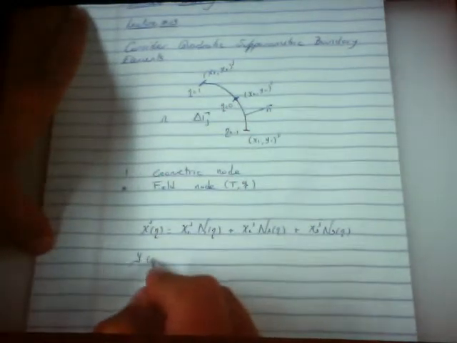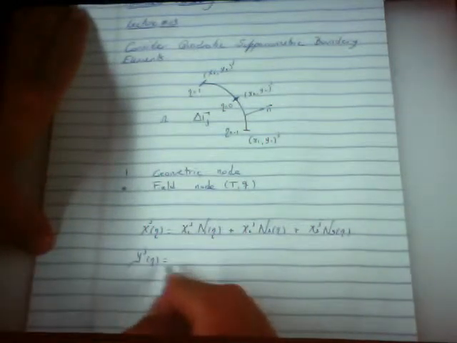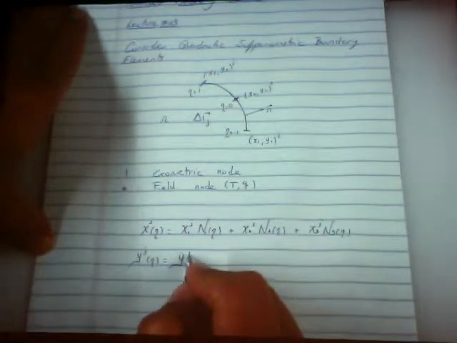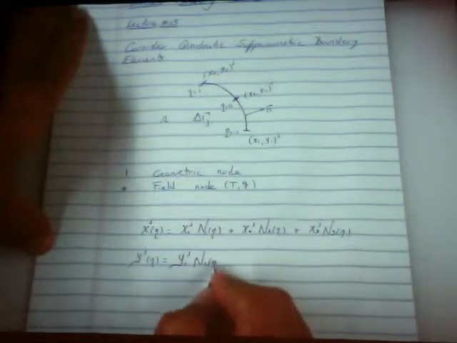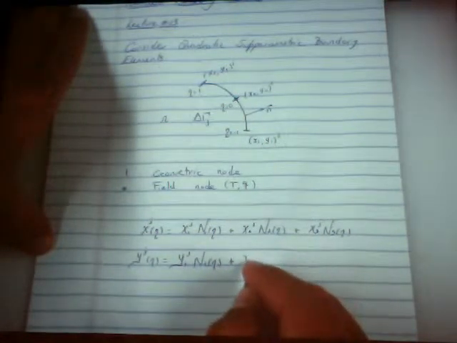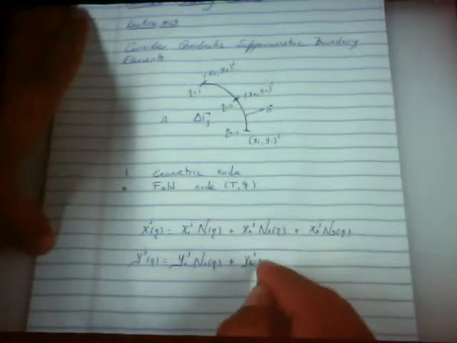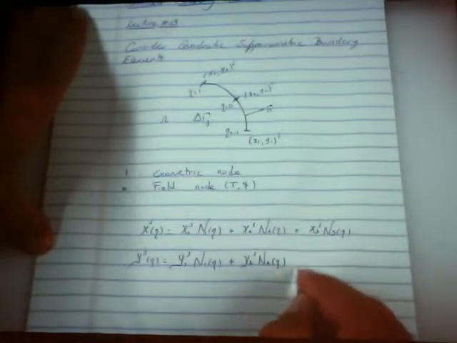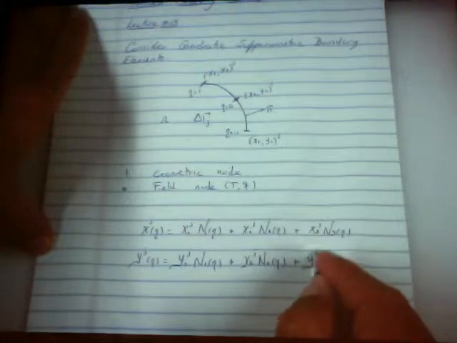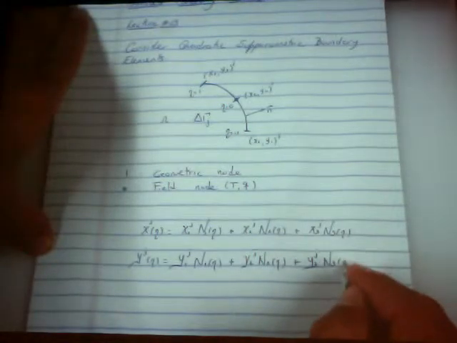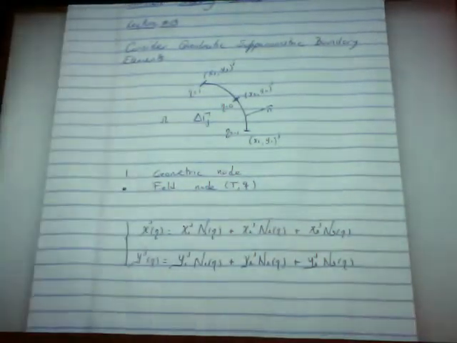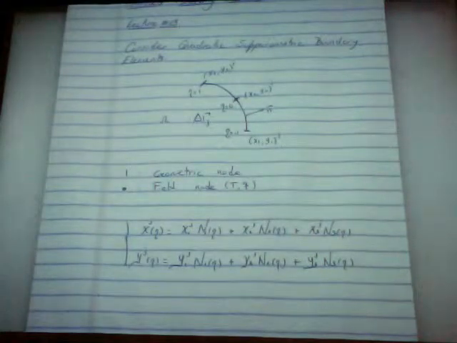And y of eta for element j will be y1 times n1 of eta plus y2 times n2 of eta plus y3 times n3 of eta. All right?